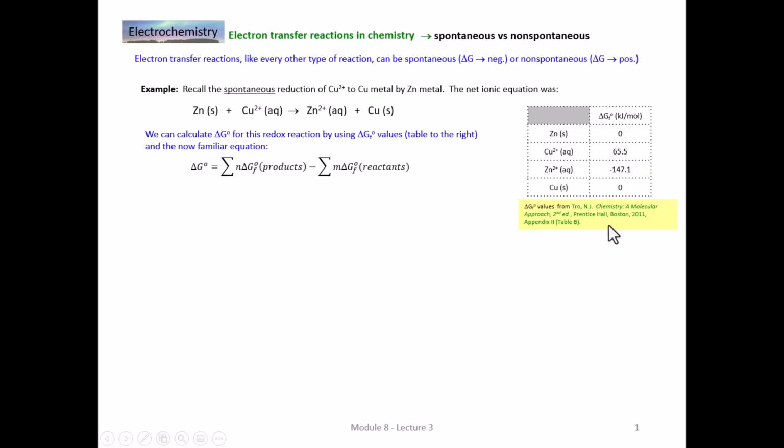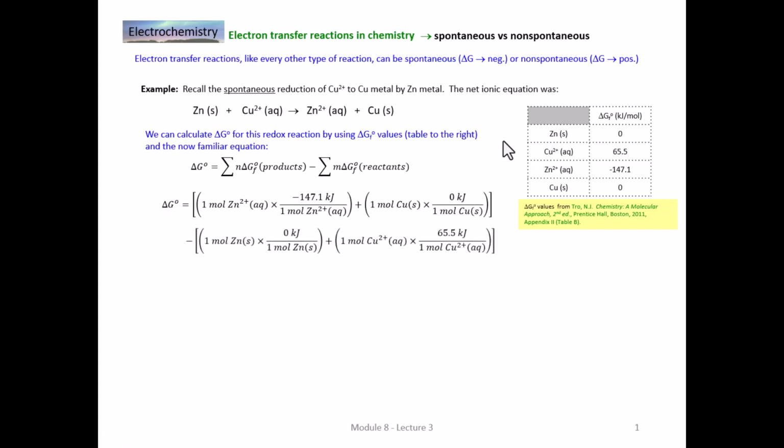This particular table is from a general chemistry book by Nivaldo Tro. You have available to you a table that has these values for many other ions and elements and compounds, but we'll just need these values right here.